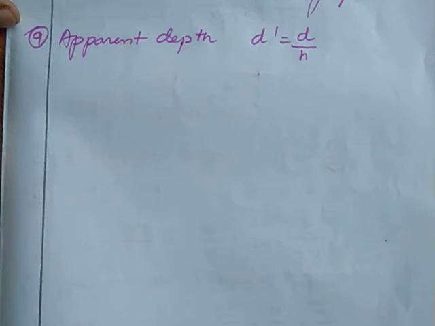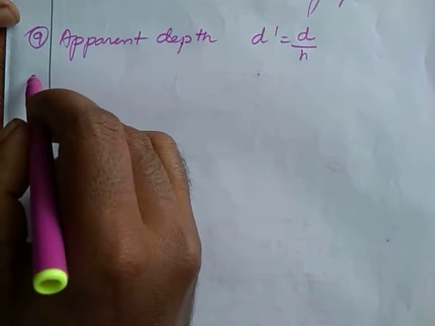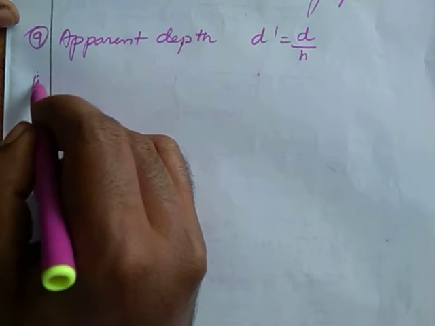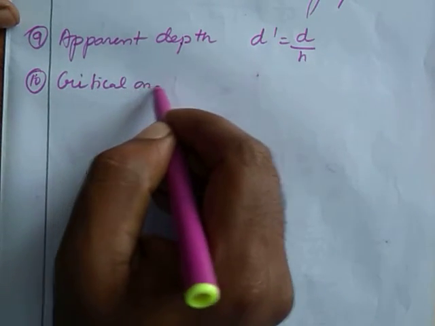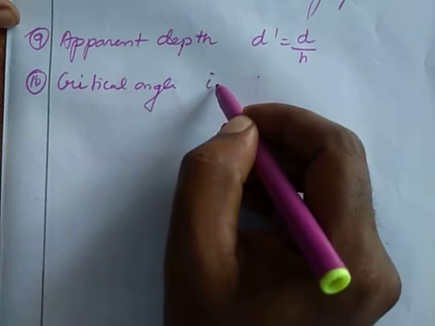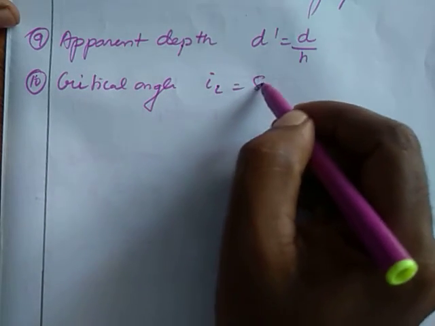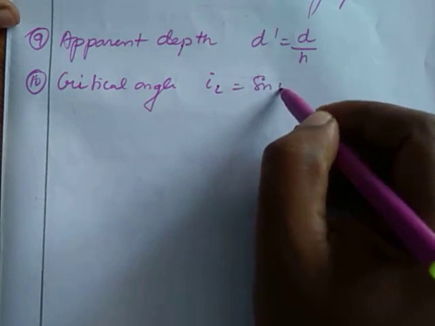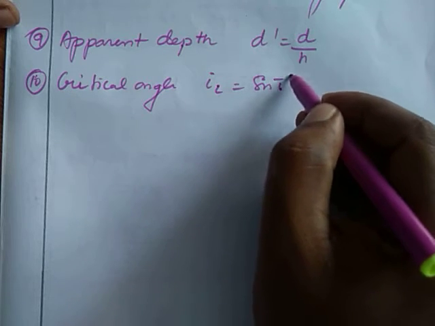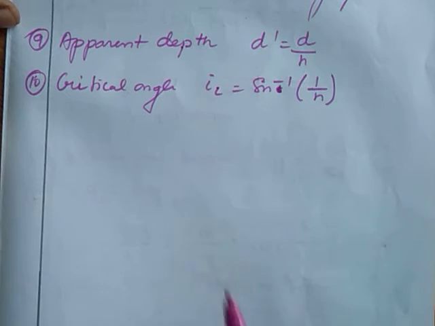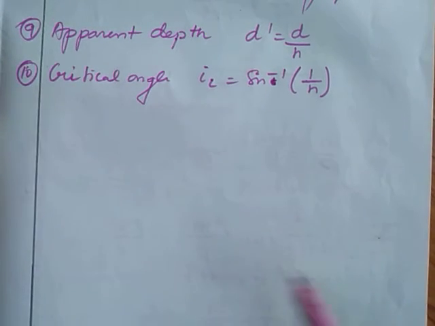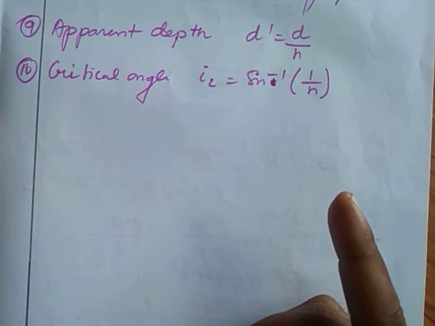Okay, then critical angle. Equation for critical angle, that is ic is equal to sine inverse of 1 by n. Here it is the equation for critical angle that depends on the refractive index of the medium.